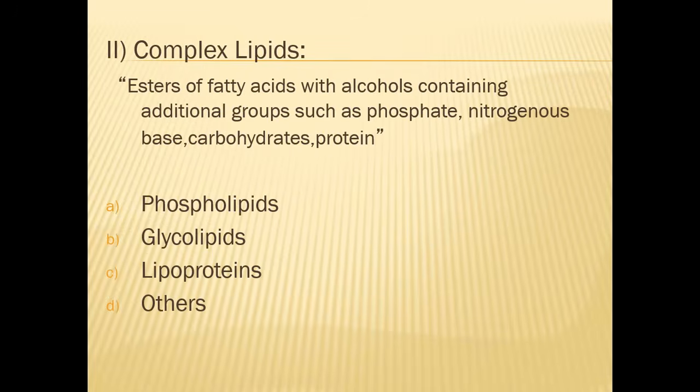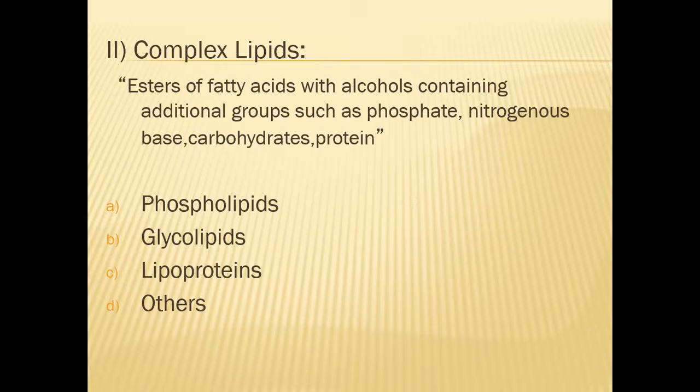Then we have compound or complex lipids, the esters of fatty acid with alcohol plus additional groups such as phosphates, nitrogenous bases, carbohydrates, proteins: phospholipids, glycolipids, lipoproteins and others. Phospholipids contain phosphates, glycolipids contain carbohydrates, lipoproteins contain proteins.